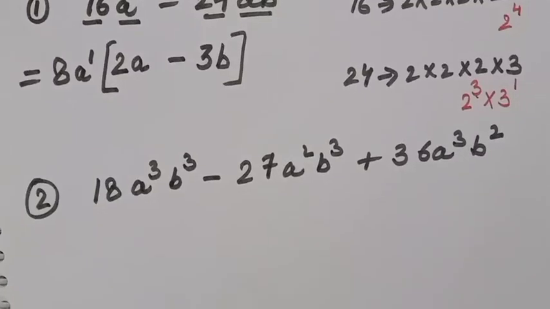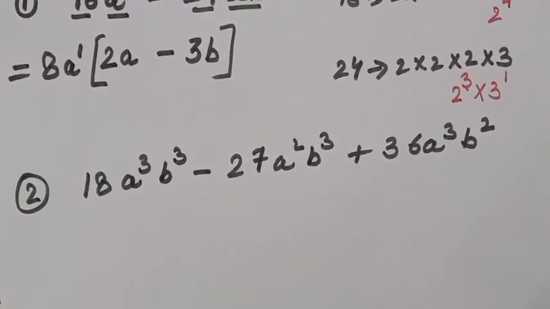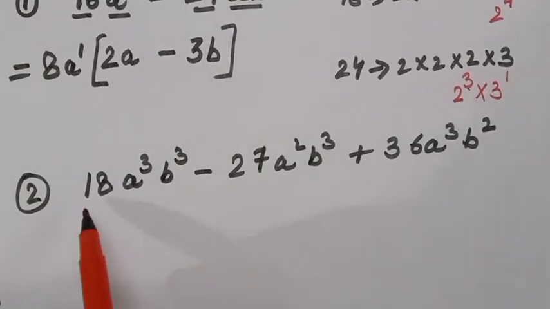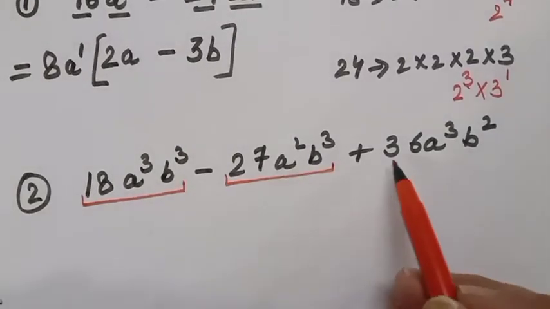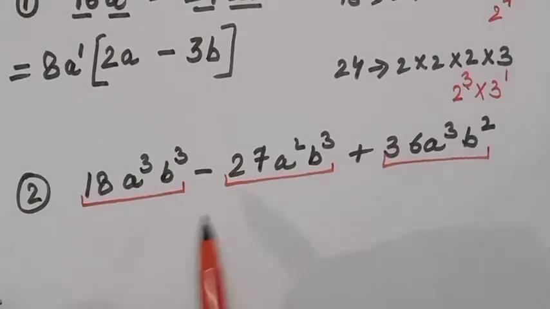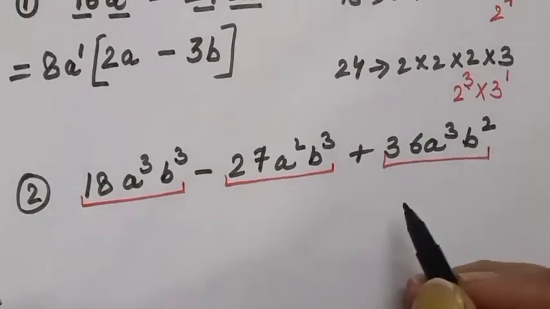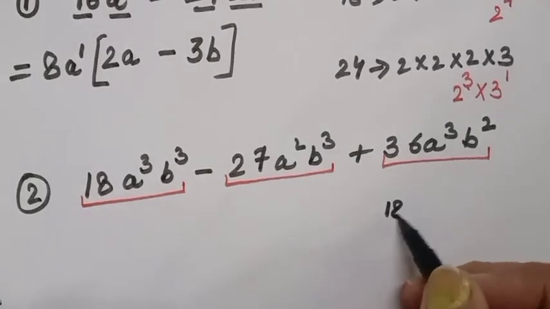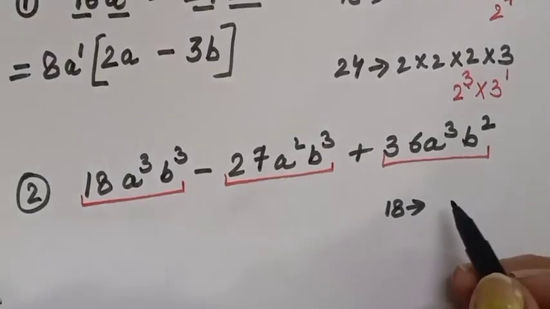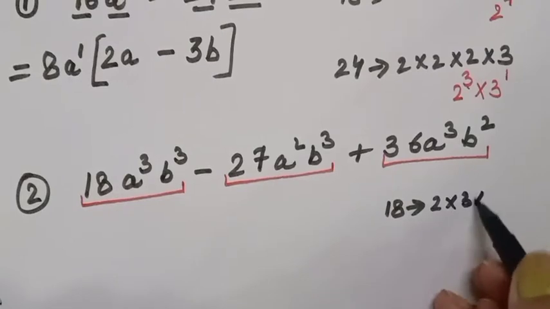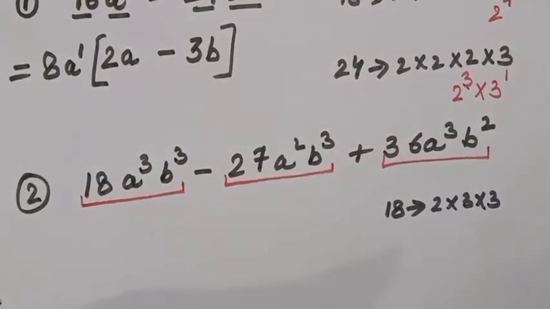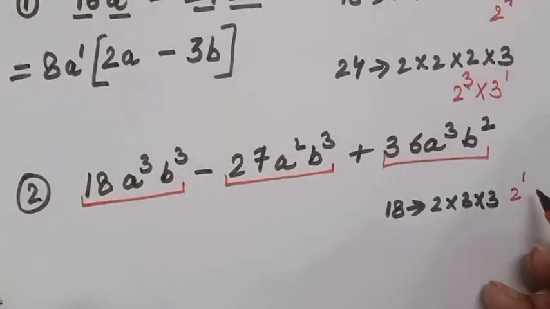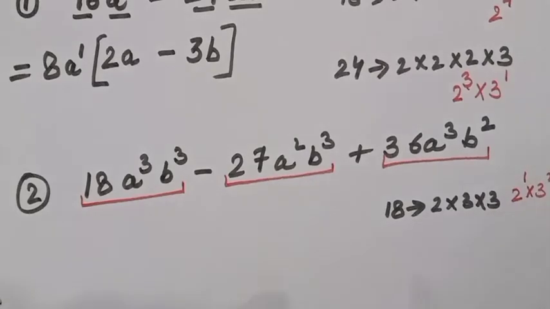So we have this question as the next question. So how will we do this? First of all, we can clearly see the first term, second term, and third term. Out of these three terms, first of all, we are going to find out the common factor. So 18, you know, can be written as 2 into 3 into 3. In short, we can write 2 raised to the power 1 times 3 square.